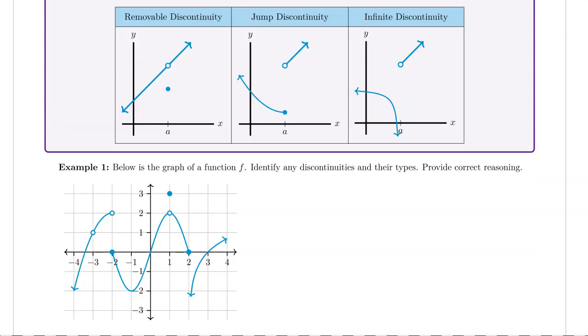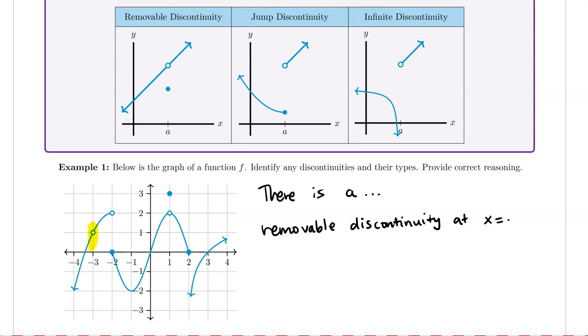Example 1 says below is the graph of a function f. Identify any discontinuities and their types, and provide correct reasoning. So let's go from left to right. Here, notice that we have a removable discontinuity at x equals negative 3.